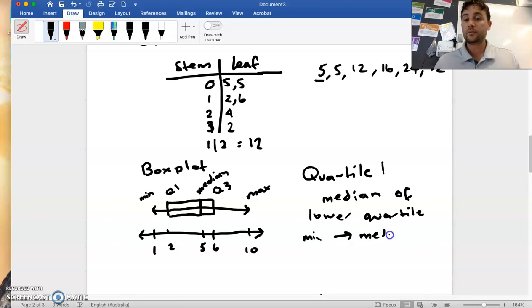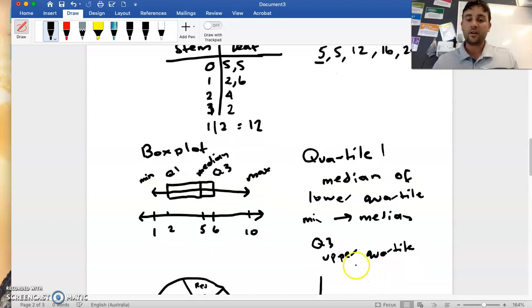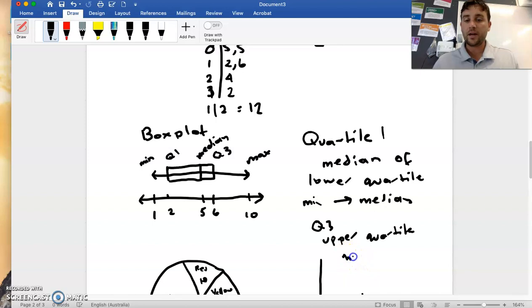The median's the middle. All right, Q3 is upper quartile. Sorry, upper quartile. All right, hopefully that makes some sense. Okay, so that is, of course, the median to the maximum. All right, it is the median of anywhere between the median and the maximum.